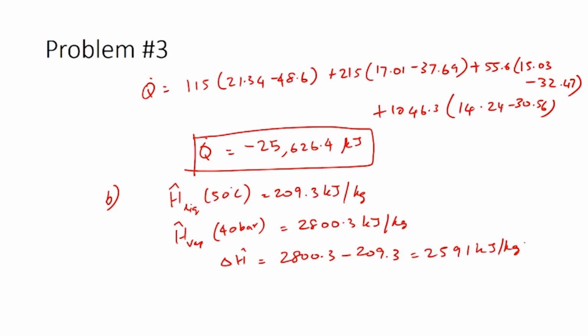Now the energy balance for this system is Q dot equals delta H dot, and we have to calculate delta H dot. So, delta H dot is basically m dot times delta H cap. The heat gained by the steam would be equal to the heat lost by the stack gas.